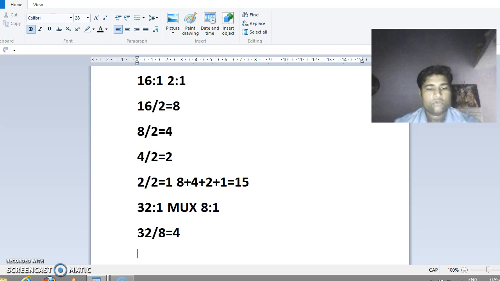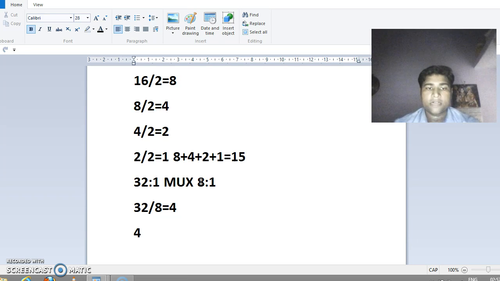Now 4 cannot be divided, so we will put 1 there. Here division doesn't happen, so for 4:1 we will take 1. This point you have to remember. Now the answer will be 4 plus 1 is equal to 5. So this is the basic concept of how you can find how many lower order mux are required to analyze the higher order mux.